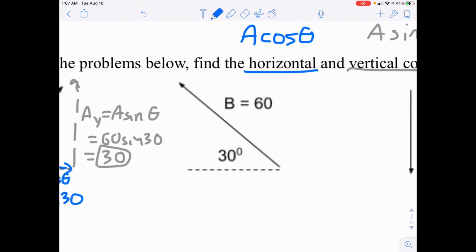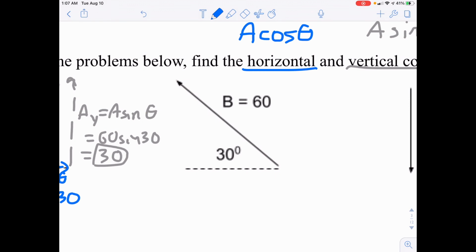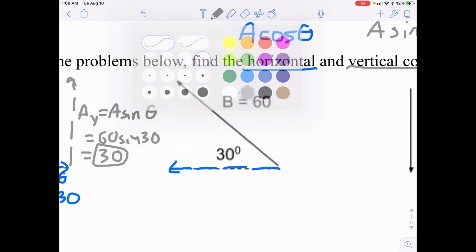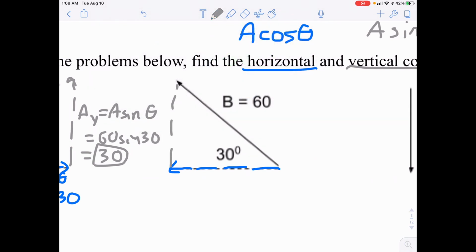Okay, so in this next example, vector B is 60 units pointing 30 degrees above the horizontal this way. Well, it's really going to end up being the same thing, because you've got 30 degrees pointing this way, and you've got that pointing up.